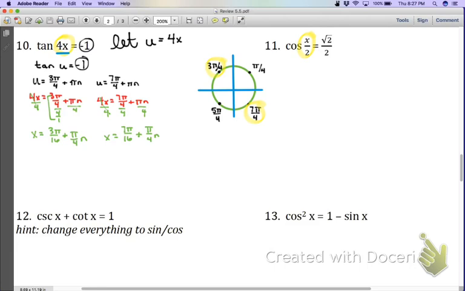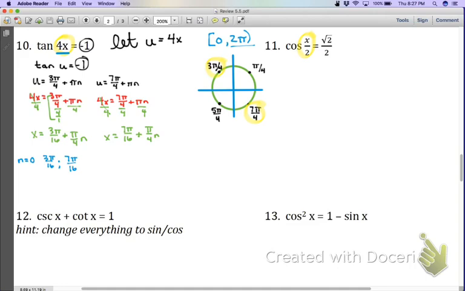You just go until, since our interval is from 0 to 2 pi, you see when this value is over 2 pi. So I'm going to let n equal 0. At n equal to 0, it's going to be 3 pi over 16 from the first one, and 7 pi over 16 for the second one.